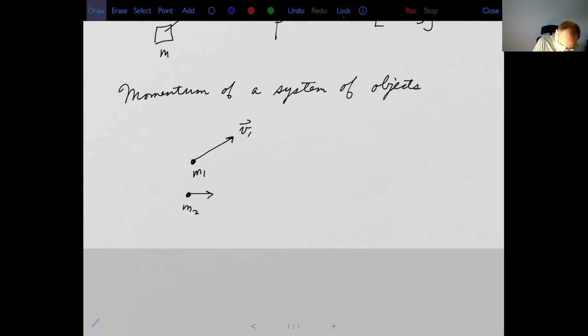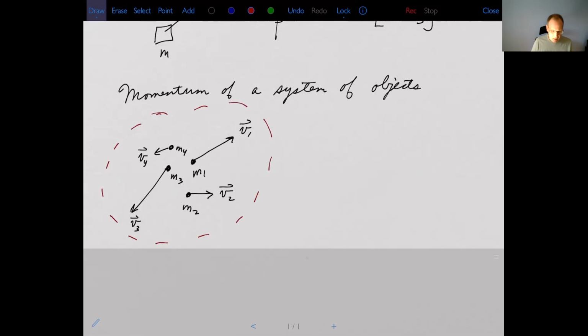The velocity is maybe like this, V2. Then M3. Let's say the velocity is like that. So this is V3. And then I'll do one more, say M4. Say the velocity is like this, V4. Okay, so my system consists of those particles. In this case, there's 4 of them, but there could be any number of particles.